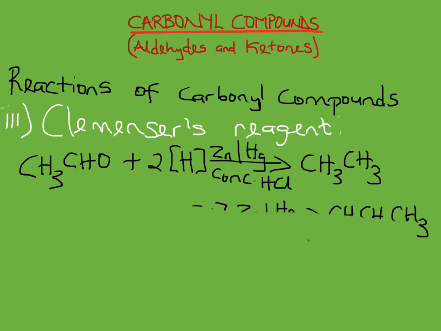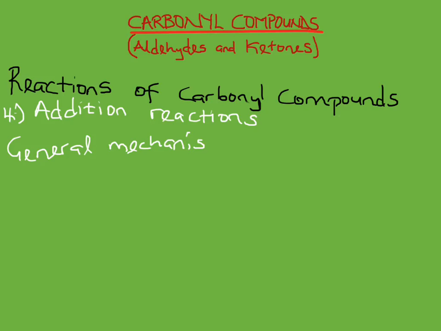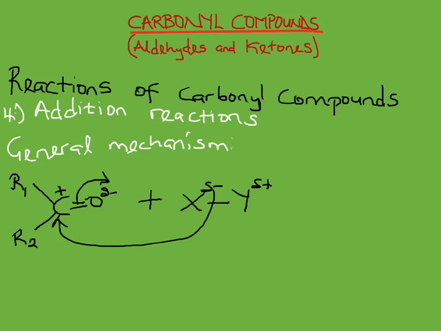Now we're going to be looking at their addition reactions. They undergo mainly nucleophilic addition reactions, as you can see from the general mechanism there. Like I always say, an arrow generally moves from a negative pole to a positive pole. As you can see there, the carbocation, which is positive, and the X ion, which is negative.